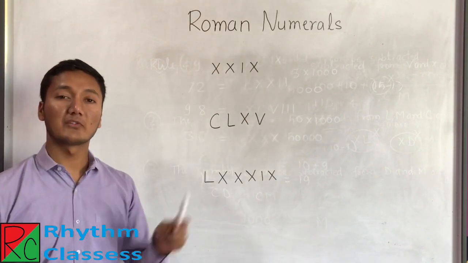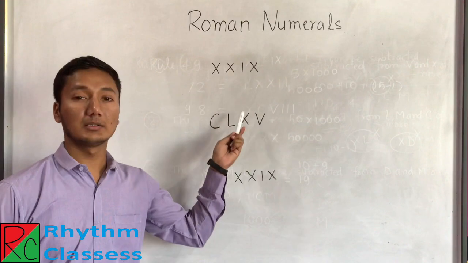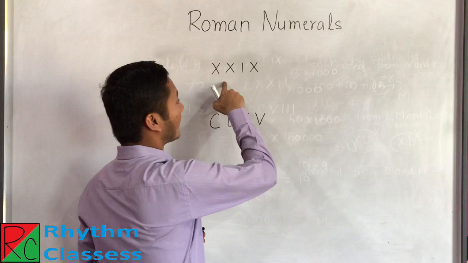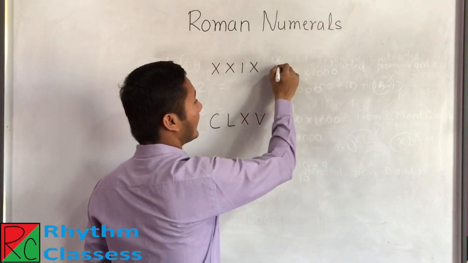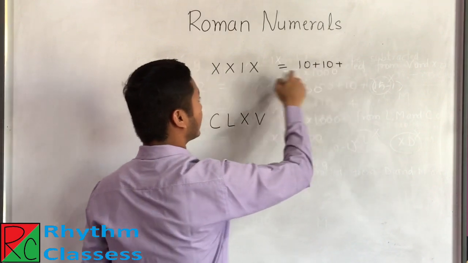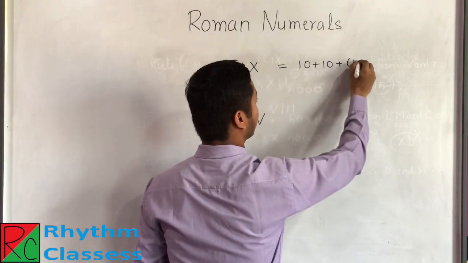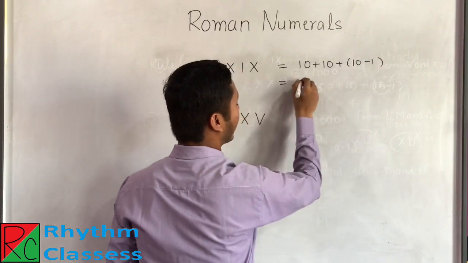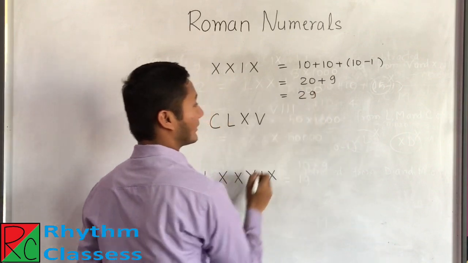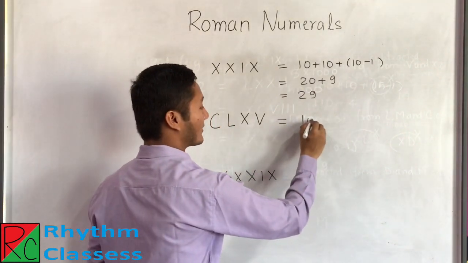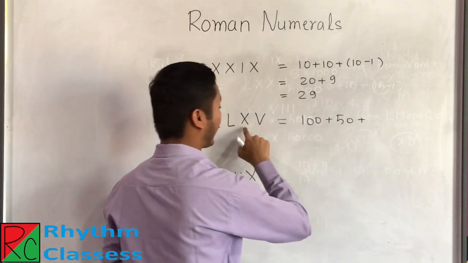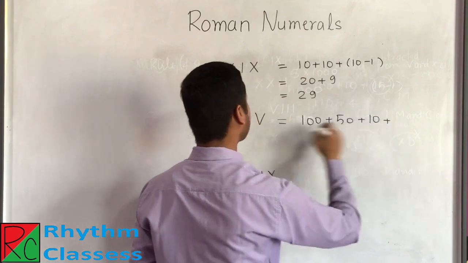Students, now we will write some of the Roman numbers into Hindu Arabic numbers. The first one is XXIX. Then it becomes 10 plus 10 plus 10 minus 1. It means it becomes 20 plus 9 and it becomes 29. The second one is C stands for 100, L stands for 50, plus X stands for 10 and V stands for 5.